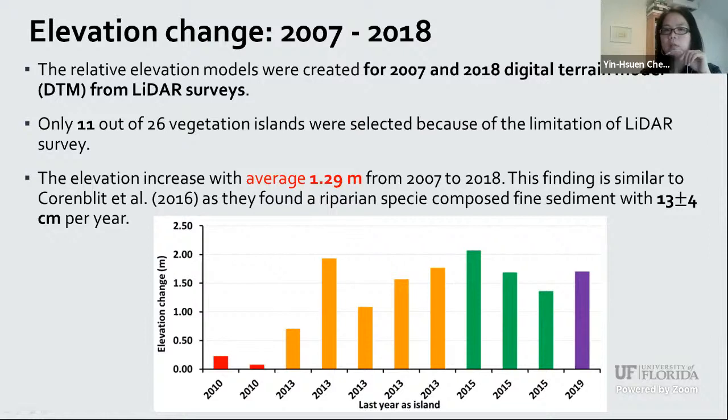Interestingly, this result is comparable with a previous study by Cole and Brett et al., 2016. They studied how much fine sediment young riparian vegetation can trap. They gave a number of about 13 centimeters of fine sediment per year. If you multiply by 10, it's 1.3 meters for a decade, so I would say quite similar.